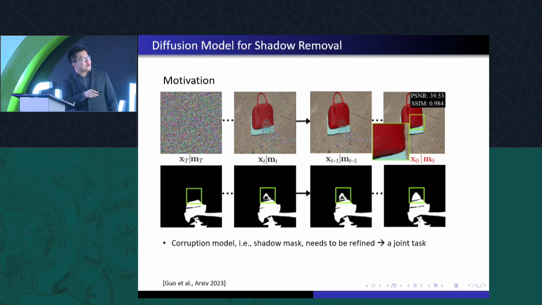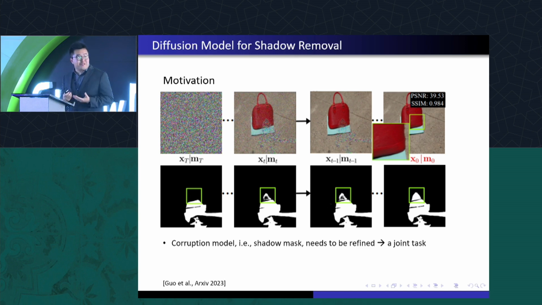We find that you can always see some kind of artifacts there. The problem is that the mask estimation was wrong in the first place, because the mask is normally produced by human annotation or by some algorithms, and it's possible that we end up with an inaccurate mask for shadow modeling.